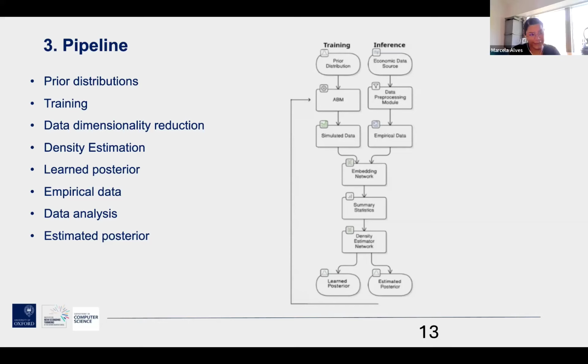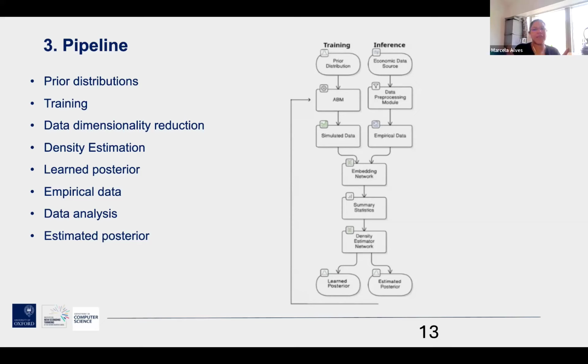It produces simulated data. Once we have this data set of simulated data, we have an embedding network that will do the dimensionality reduction, right? So the summary statistics here, instead of being a list of algorithms, is actually a network. While we do the simulations, there is a network learning the statistics that could describe that data.